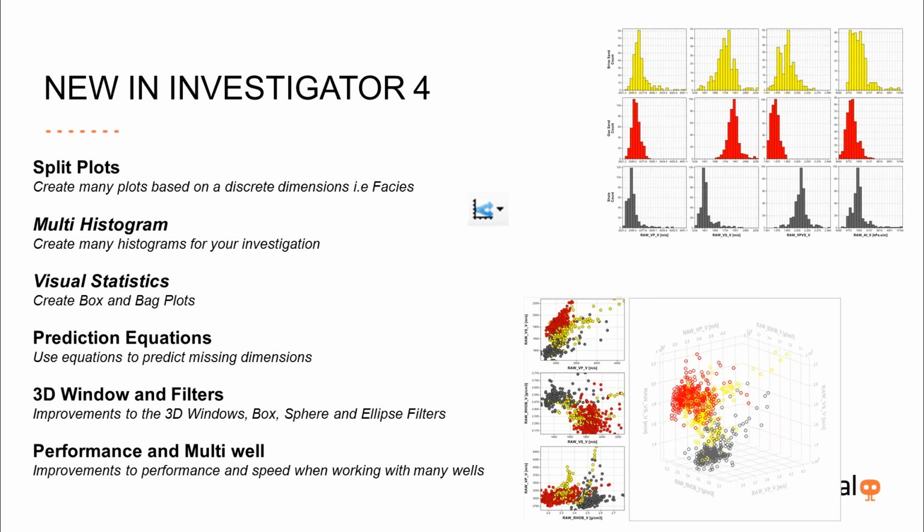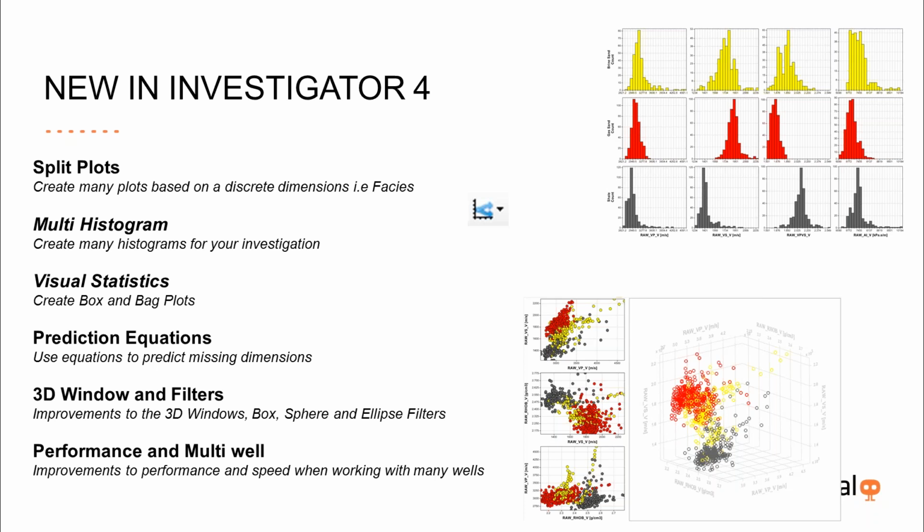I'll also mention the visual statistics, where we can annotate our plots with a box plot in the histogram window and a bag plot, which is a kind of 2D box plot in the crossplot window. And this is a way of tying together both the descriptive statistics and the plots.